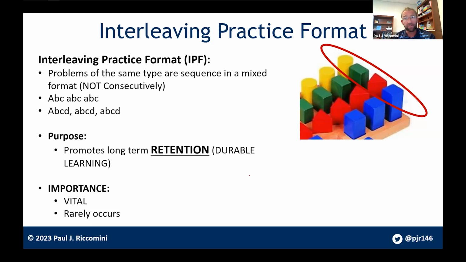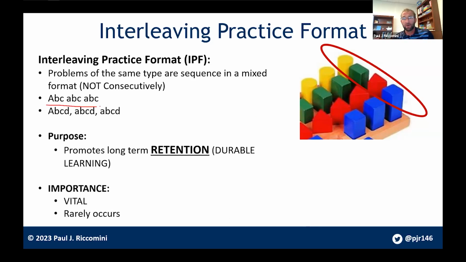So what interleaving is, is the purposeful not blocking. Essentially you set up a practice activity where the kids are not practicing the same type of problem consecutively. What you're seeing here are my letter notations again. So instead of having A's back to back and B's back to back, or all A's, we want to set up practice.